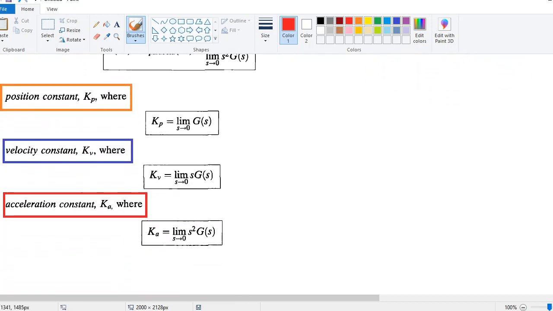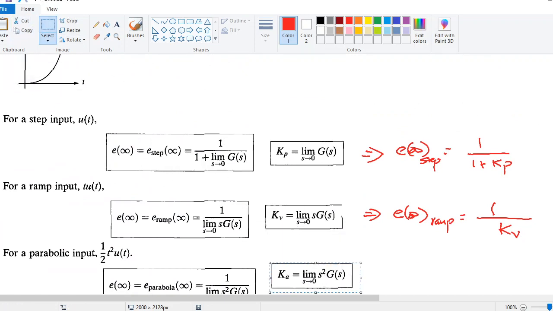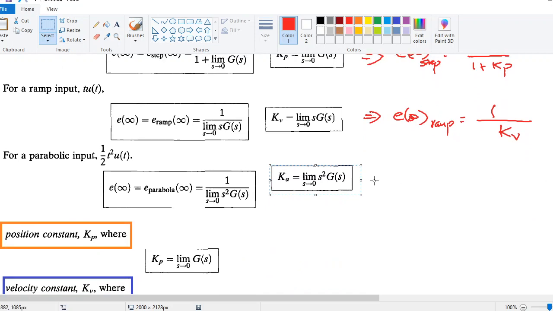Then finally you have the constant acceleration. If you put it in here, you'll see that E of infinity parabola is equal to 1 divided by Ka, because Ka is equal to limit s tending to 0 of s squared into G(s), and that is the error here.